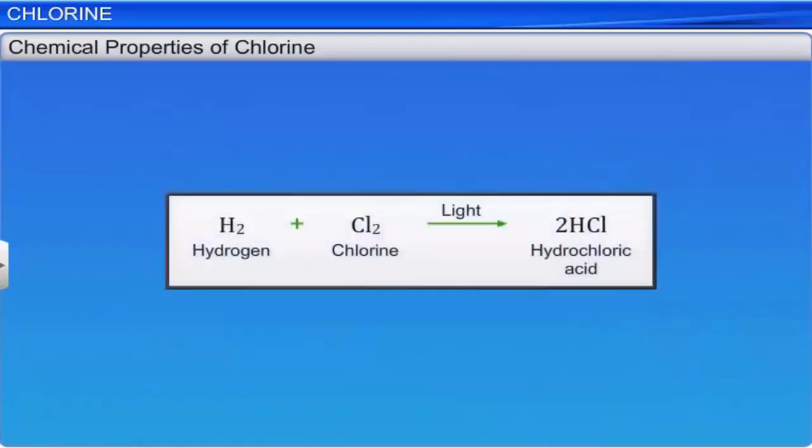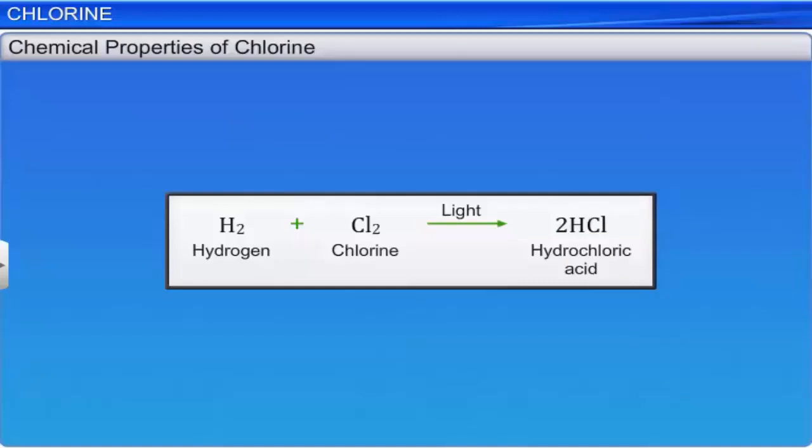It has great affinity for hydrogen. It combines with hydrogen in the presence of light with an explosion to form hydrochloric acid. It decomposes several hydrogen compounds to form hydrochloric acid.